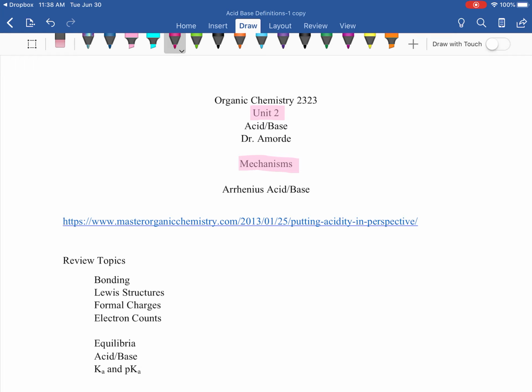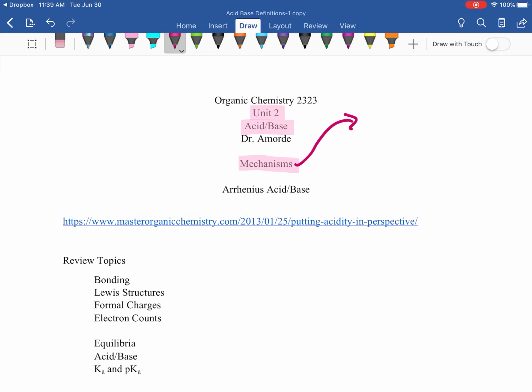Mechanisms are huge for us in organic chemistry, and I want to start the foundations of mechanisms with a topic that you've already seen, and that's acids and bases. We've had acids and bases a little bit in general chemistry 1, a lot in general chemistry 2, so I want to start this new concept of a mechanism with something you've already seen quite a bit before.